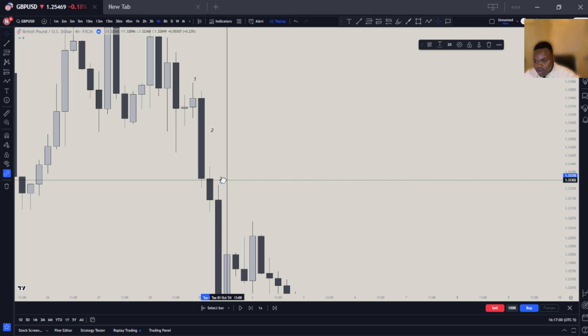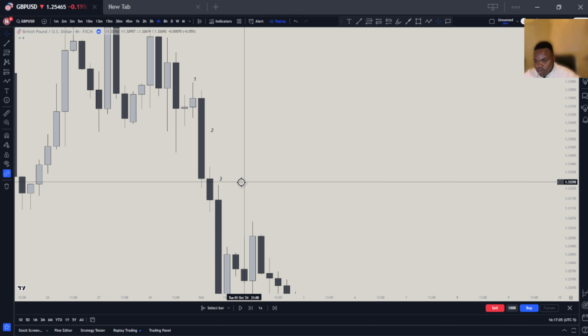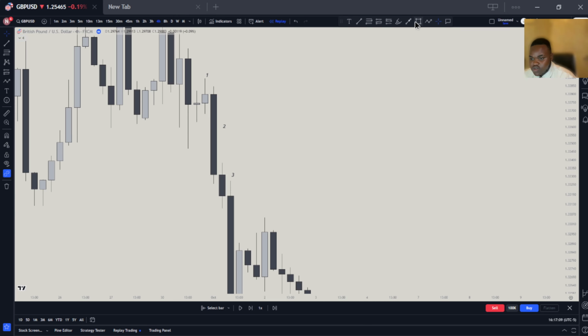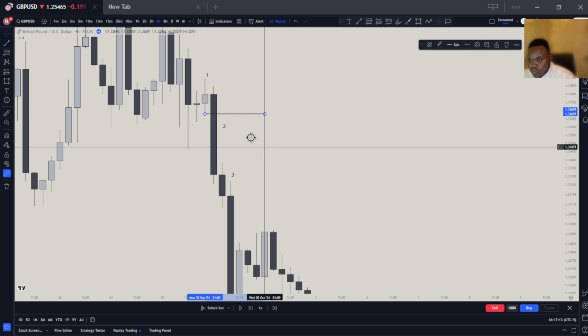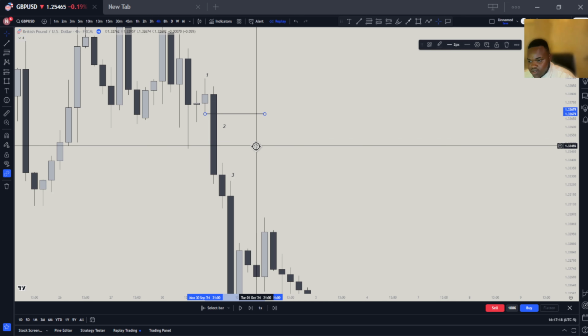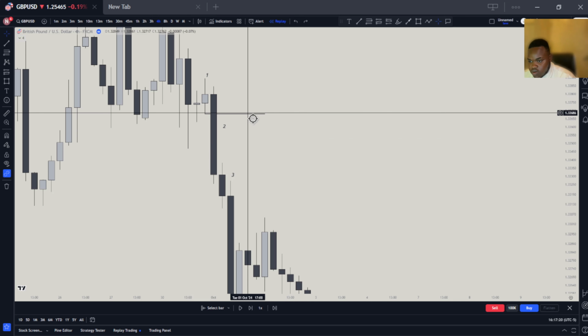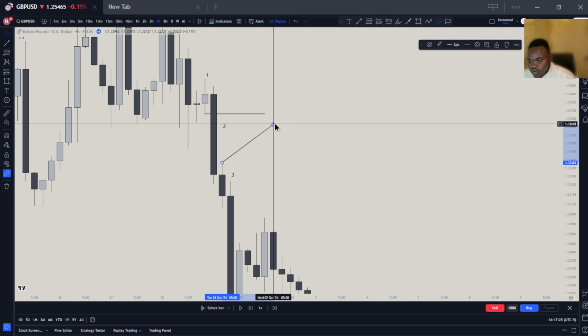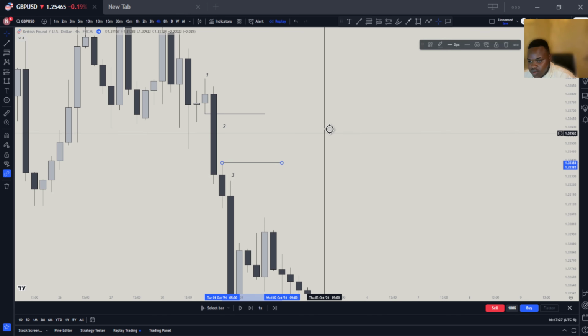This is our candle 3 right here. As you can see, the bottom wick of candle 1 and the top wick of candle 3, they are not touching.